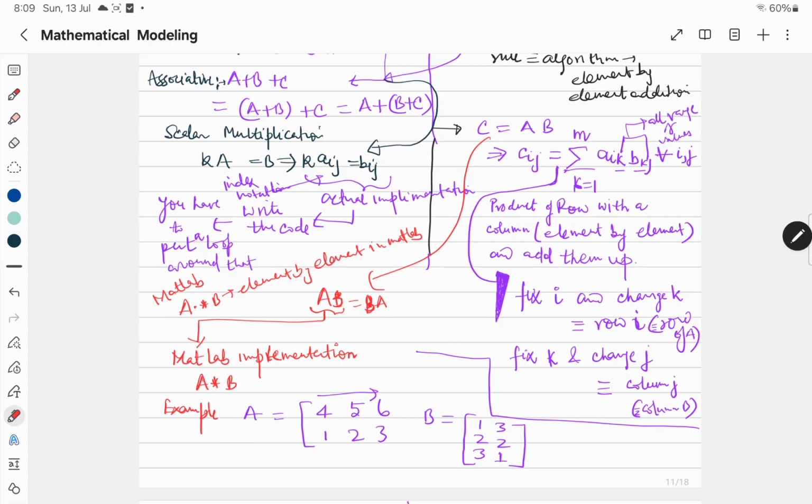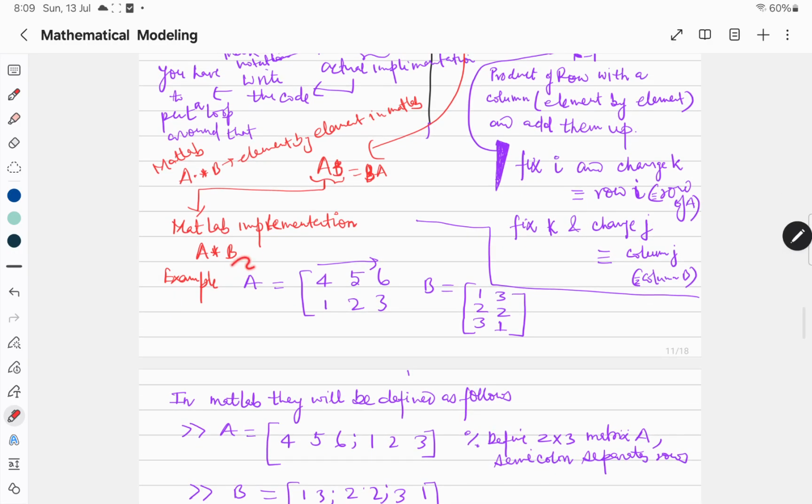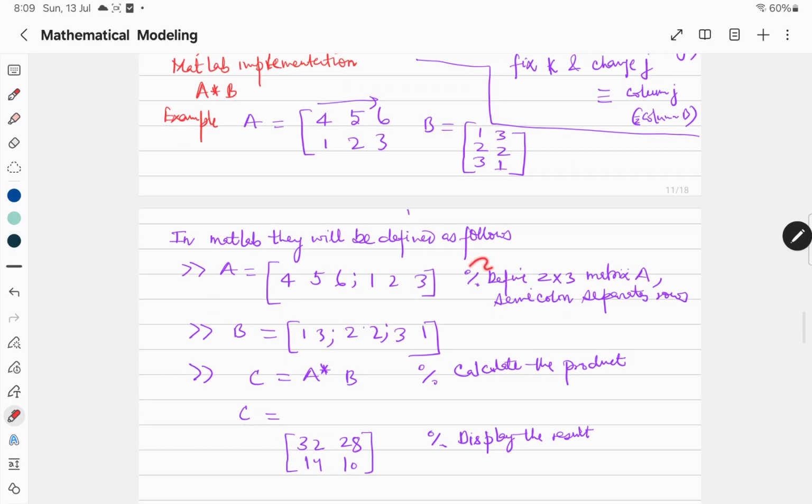Okay, so if you want to multiply in MATLAB, how will you implement that? So A star B. Suppose A is 4 5 6 in the first row and 1 2 3 in the second row, and B is 1 3, 2 2, 3 1. So in MATLAB, what will you do? They will be defined as follows: 4 5 6, and a semicolon will separate the other row. Then you will bring the second row, that is 1 2 3.